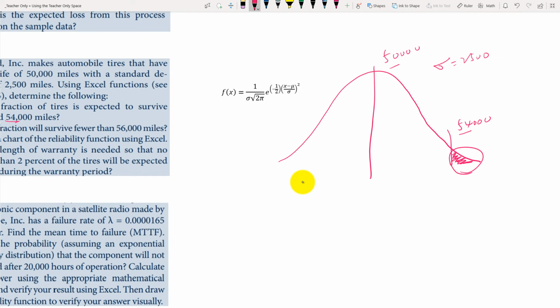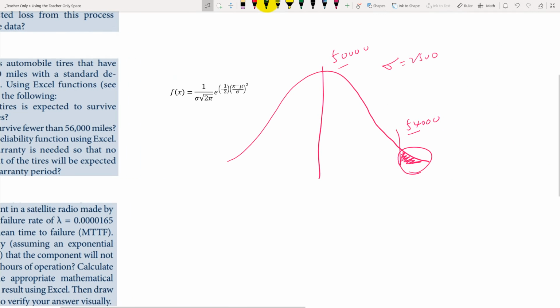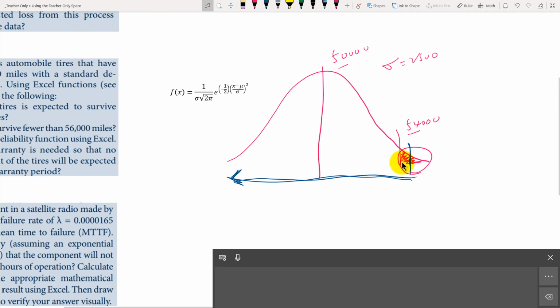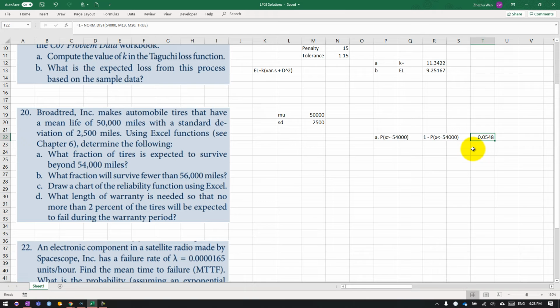If you look at the next question, it is asking for the fraction that will survive fewer than 56,000 miles. Fewer than that. As you can see, Excel can give the solution easily for this particular problem, so I'm just going to do it in Excel immediately.